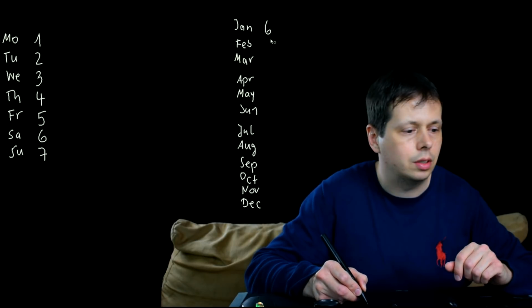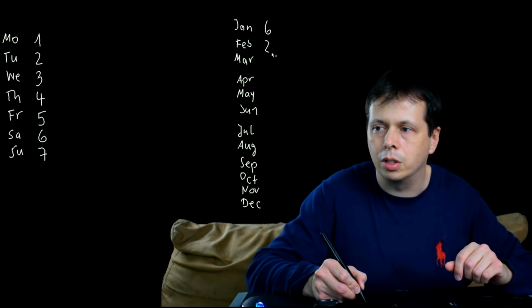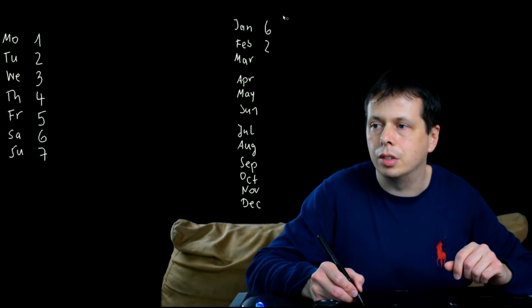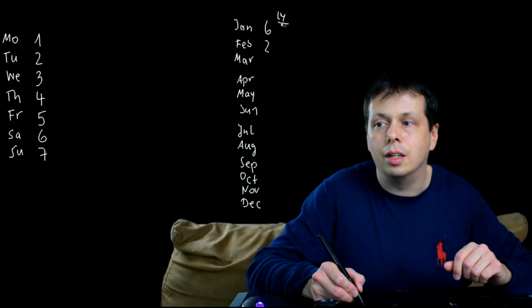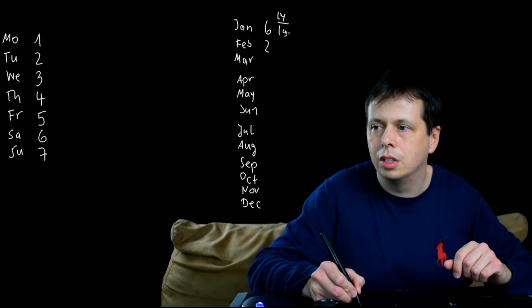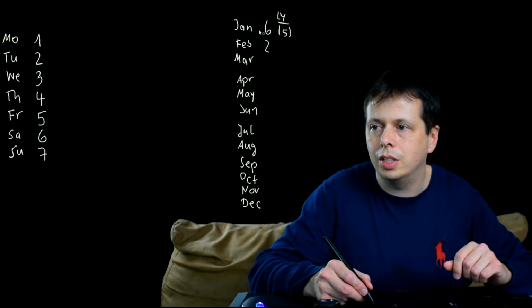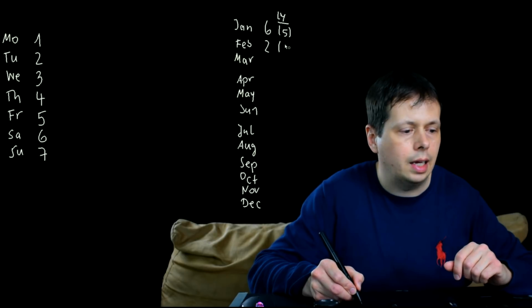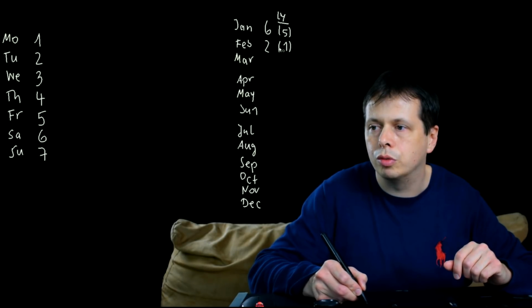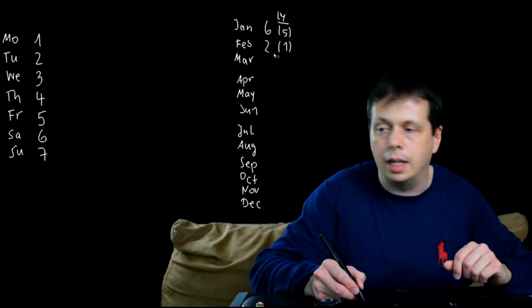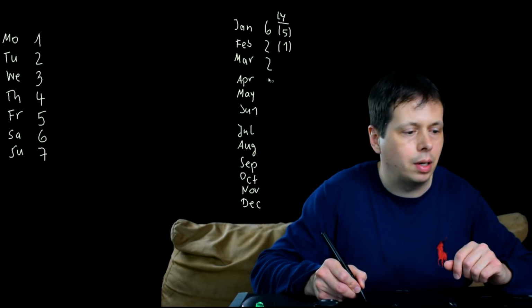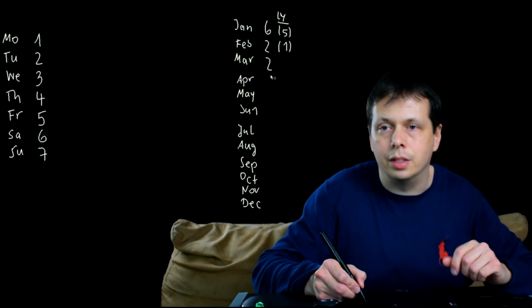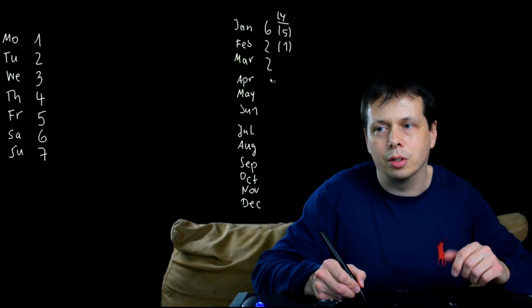So January 6, February 2, and we have two special things. So again, if it's a leap year, then you have to take 5 instead of 6 for January, and 1 instead of 2 for February. And the rest is the same number, either it's a leap year or not.